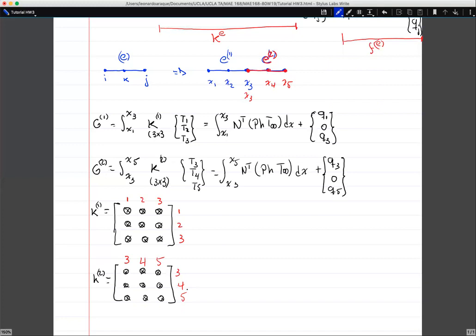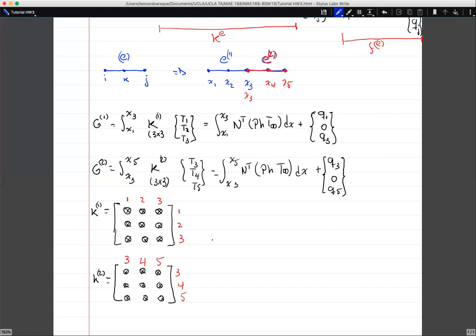And we use this table code to generate the assembly, the big K, the big stiffness matrix, the assembly stiffness matrix, which contains the information for the stiffness matrices from each element.